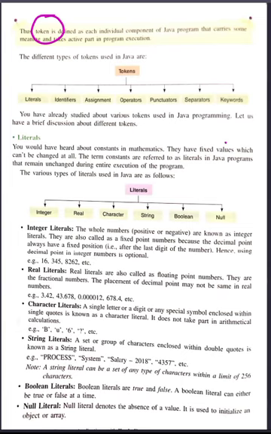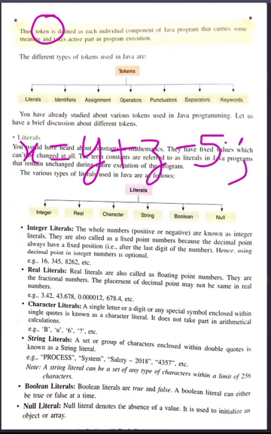What are tokens in Java? A token is defined as each individual component of a Java program that carries some meaning and takes an active part in program execution. For this, you can write one expression. Suppose we have written x = y + z - 5.